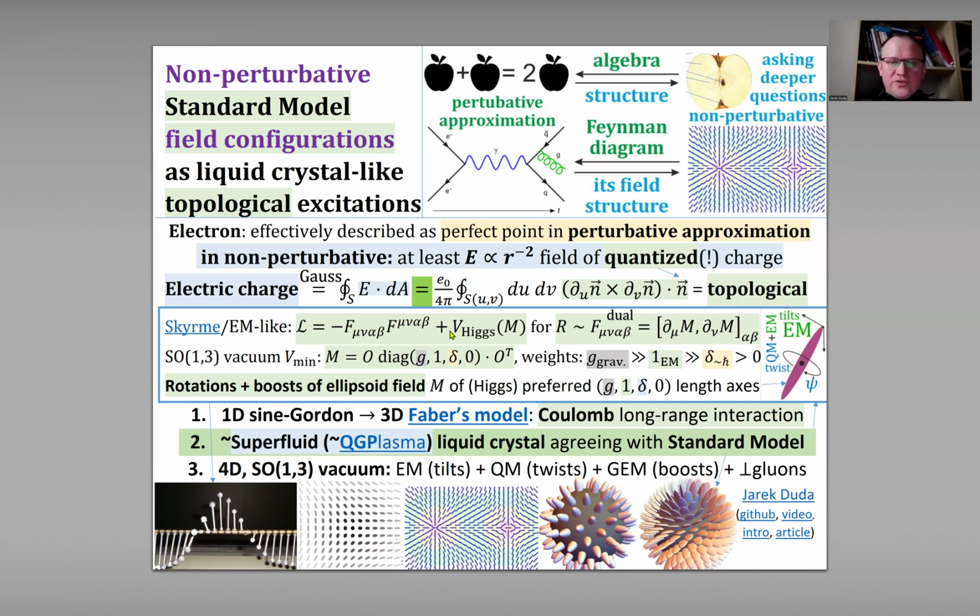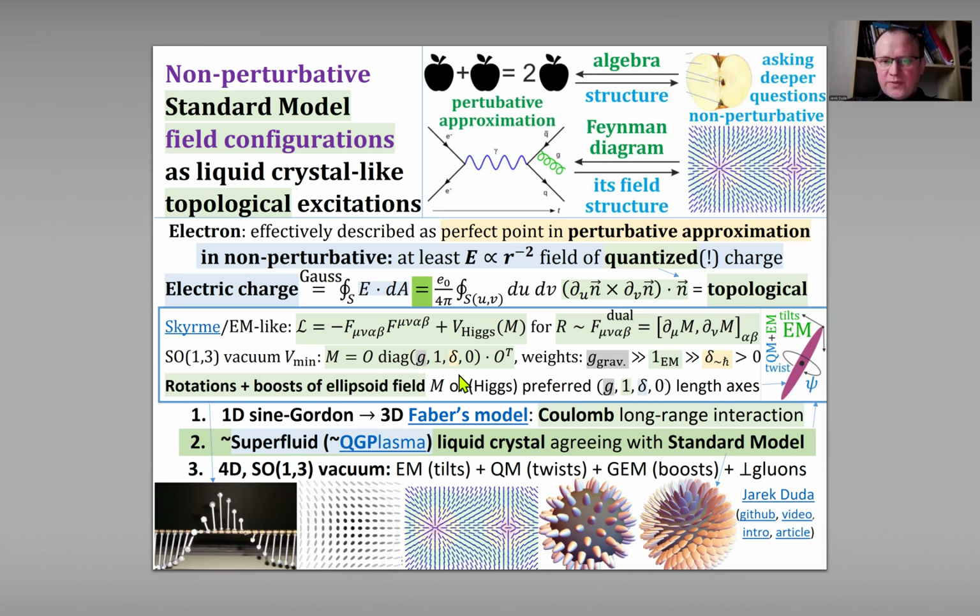Yes, so there is also this Higgs-like potential, which is required for regularization of singularities like charges. Here we literally fix the shape of this molecule-like structure. So here is the liquid crystal-like structure I will use, and the shape which is enforced, preferred by the Higgs potential.